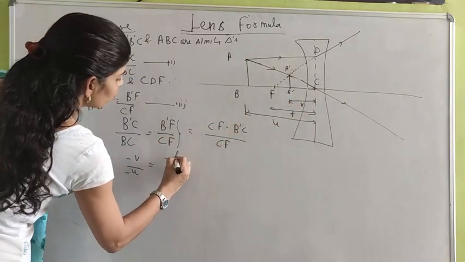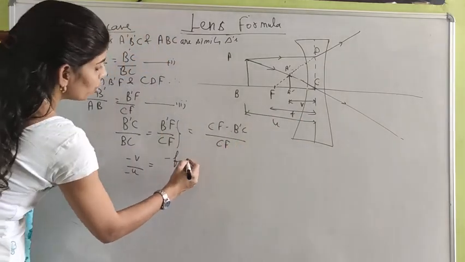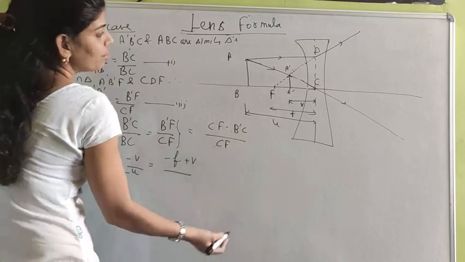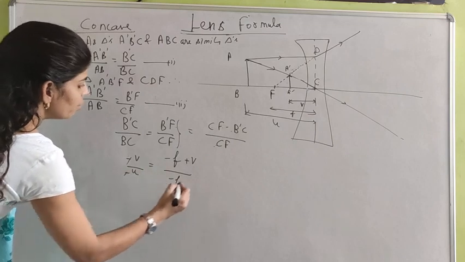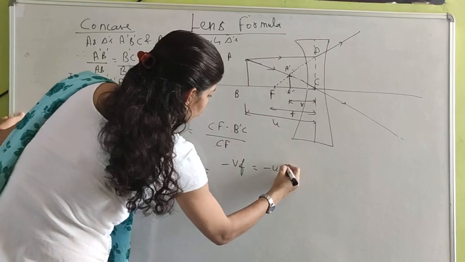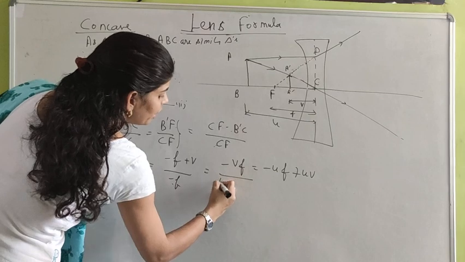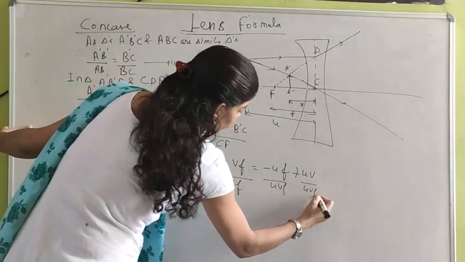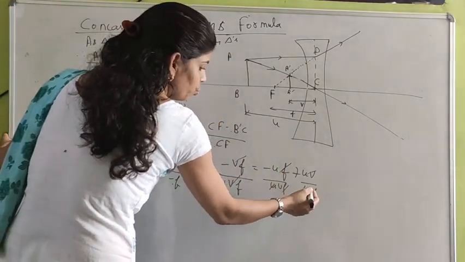CF is minus of F minus B dash C. Minus B dash C means V, and before V also there will be a minus sign, minus minus plus V, and CF is focal length, so minus of F. The minus and minus cancel, and we will get minus of VF is equal to minus of UF plus UV. Again dividing on both sides by UVF, we would get VF, UF and UV.